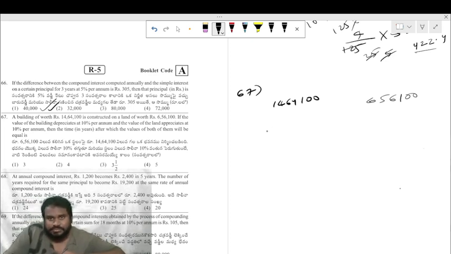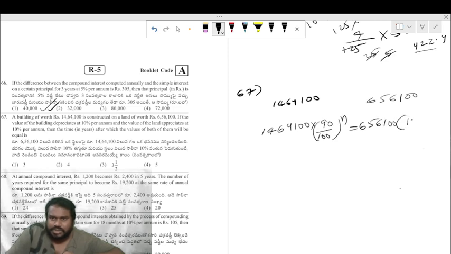So it is a simple question. So 14,64,100 into, and it is the building worth. Building gets depreciated. It means 90 by 100 all to the power of n is equal to 6,56,100 into 110 by 100 all to the power of n.